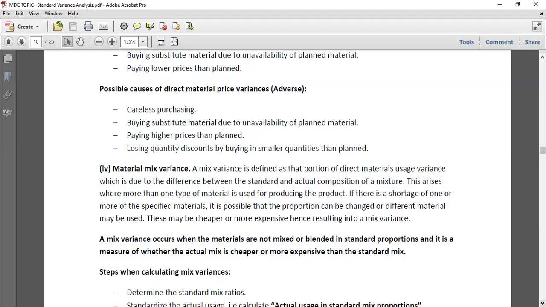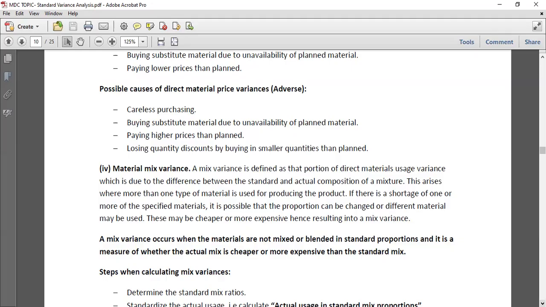Remember, what we are trying to say with the mix variance is the portion of direct material usage variance that is due to the change between the standard and actual composition of the mixture.